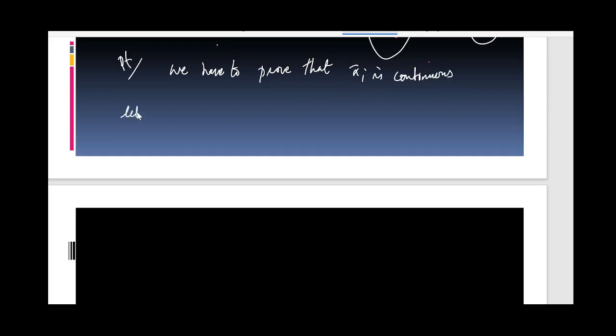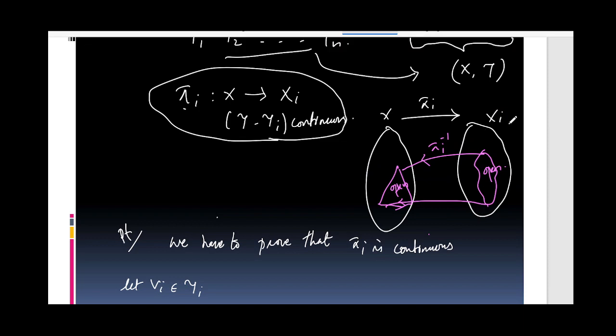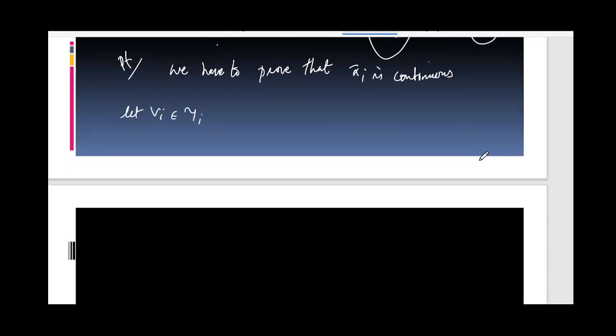Now let Vi belong to tau i, the topology on Xi. Whenever we take an open set, it should definitely be a member of the topology, so I am taking an open set Vi in tau i.